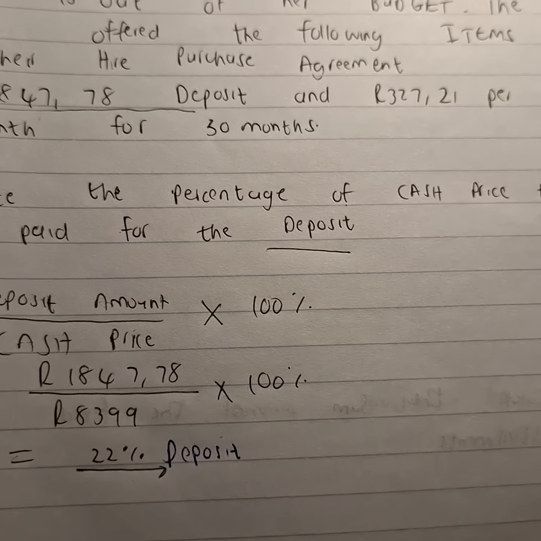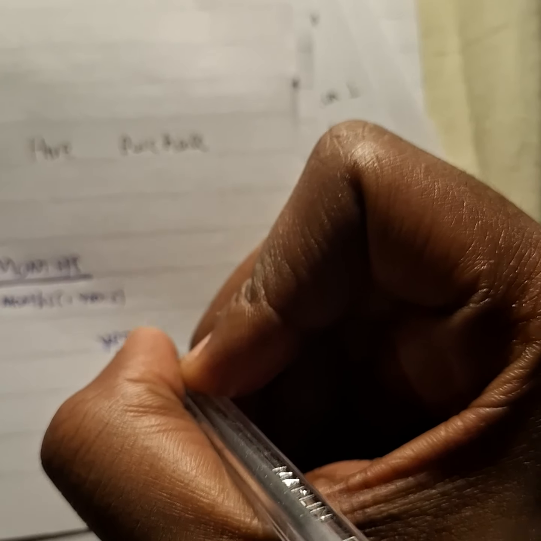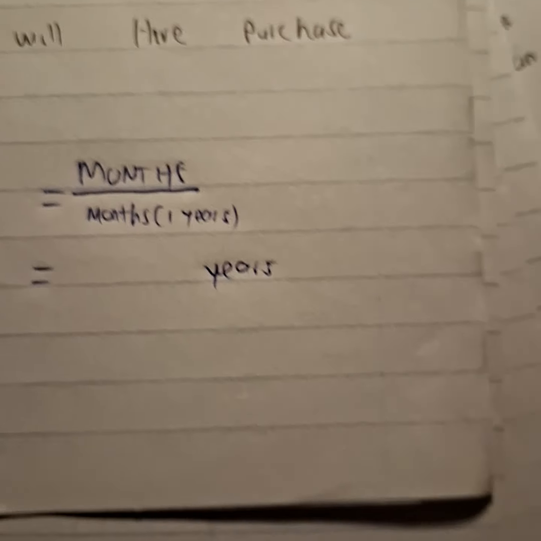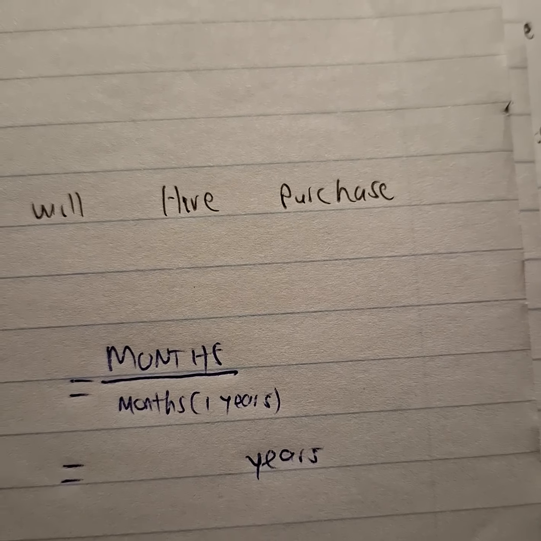So what we are going to do is take the total number of months and divide it by how many months there are in 1 year. So that then can give us how many years this hire purchase agreement will last. And this is very easy.